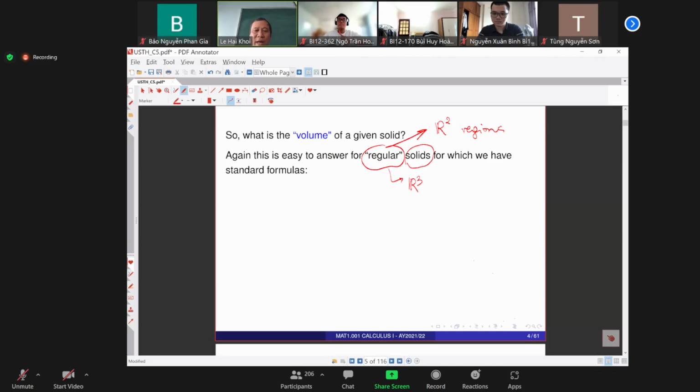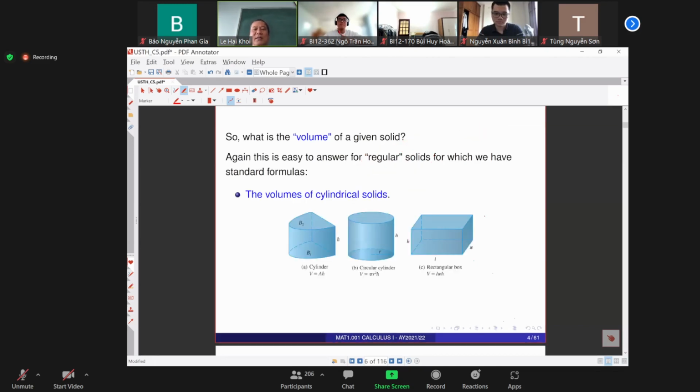If we have a regular solid, it is easy. You know from high school, in the case of a cylinder, you multiply the area of the base and the height. In the case of a circular cylinder, the area in this case is πr², that's why we have πr² multiplied by the height, right?